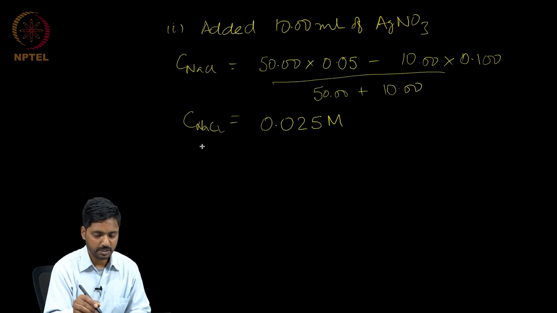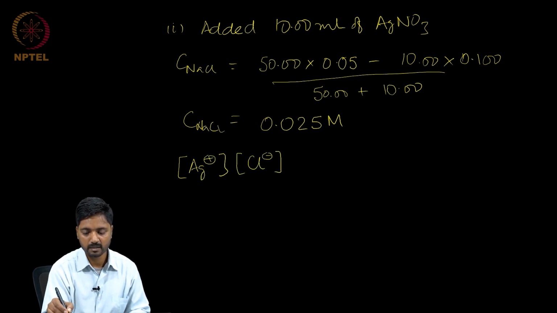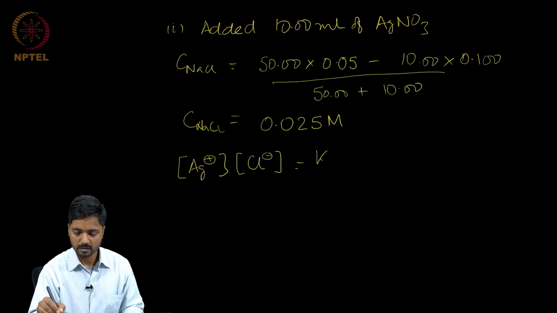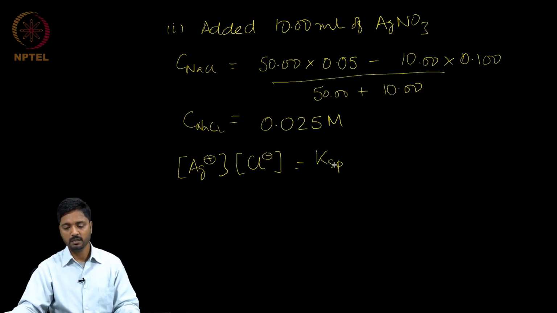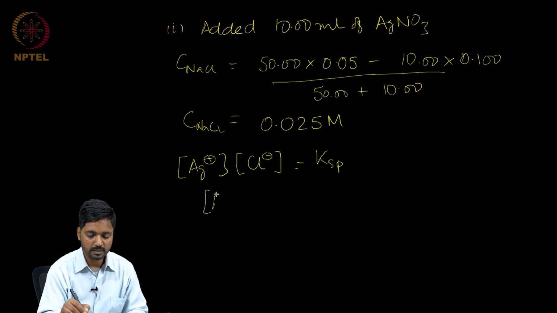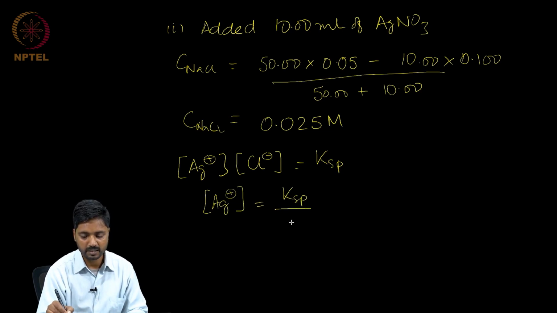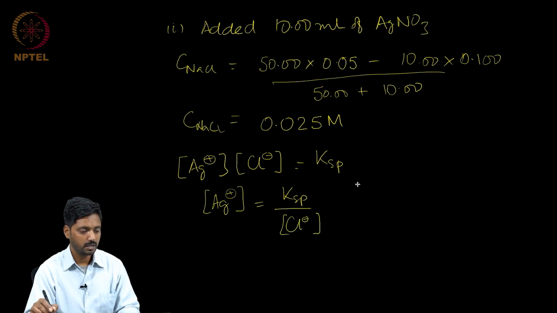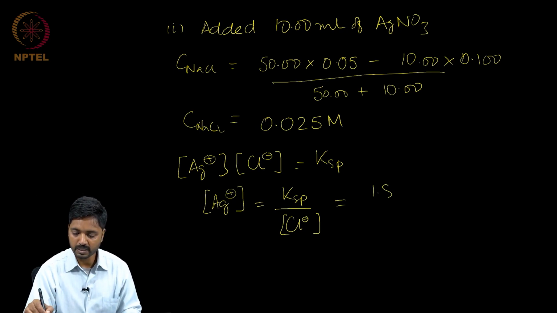From here we should be able to calculate the silver ion concentration in the medium by plugging this value into the solubility product equation, and we get the silver ion concentration as KSP divided by the chloride ion concentration. The KSP value is 1.82 into 10 power of minus 10.